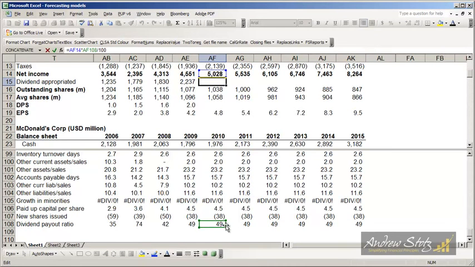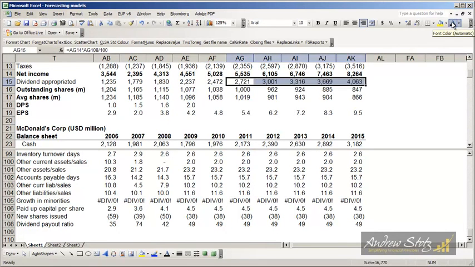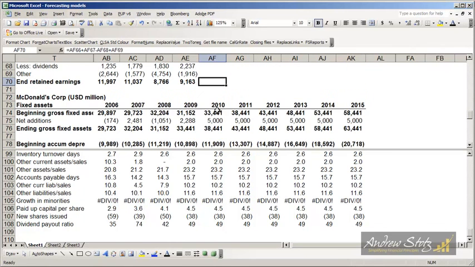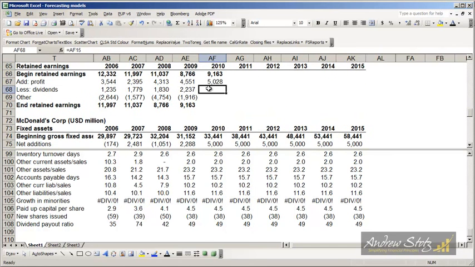We can take that 49%, so 49, which is AF108, divided by 100, and multiply it times the profit, and we'll come up with our dividends per share. We copy that over, and we can go down to our statement of retained earnings, and we'll find that we do the same thing. We just pull in the dividends per share from up above, AF15.